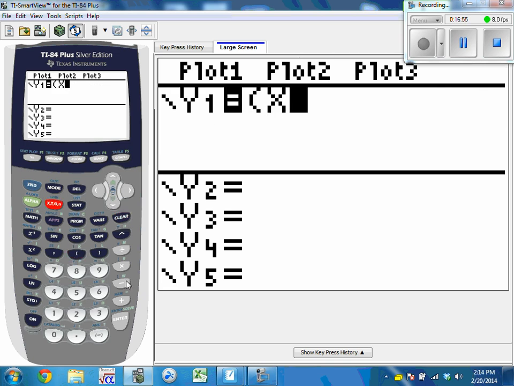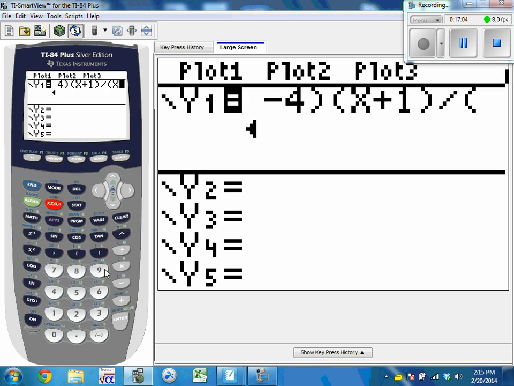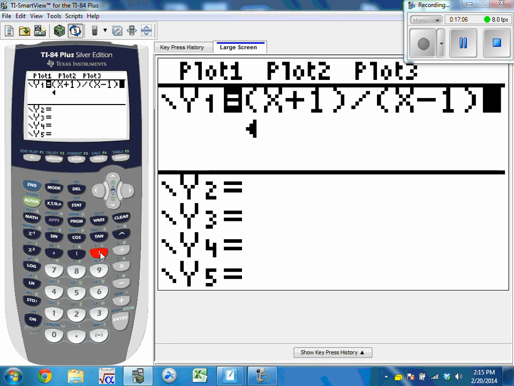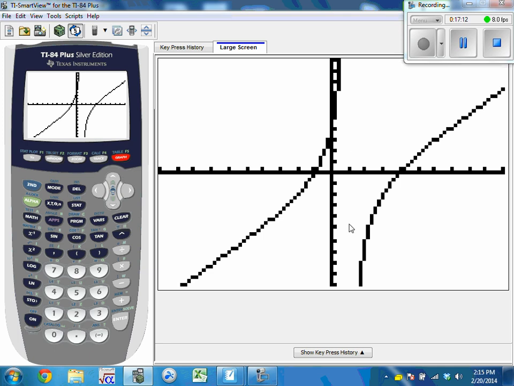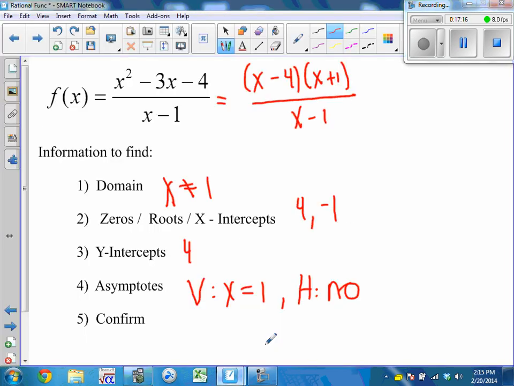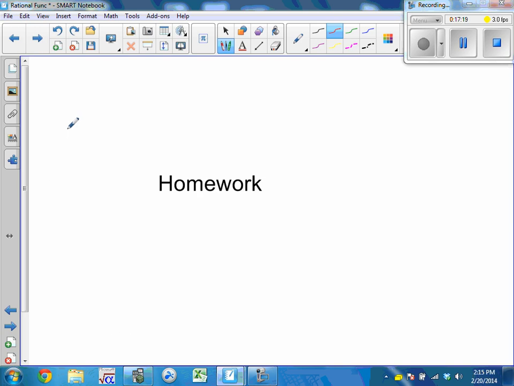It's just that we want to use the calculator to help us. And sometimes you have vertical asymptotes at points that are hard to tell. Are they at 1? Are they at 1/2? Are they at 3/4? So we can use the calculator to help find where these vertical asymptotes are. And we are ready for the homework.